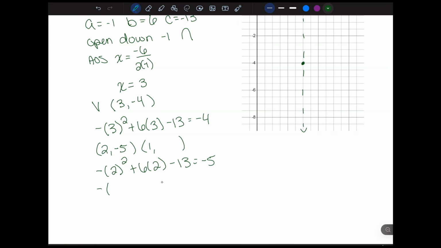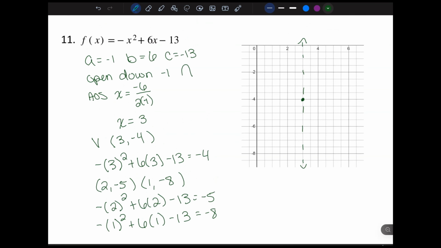And then I'm going to do the same thing with 1. So I have negative 1 squared plus 6 times 1 minus 13, which gives me a y value of -8 when x is 1. So 2, -5, and 1, -8. And then you're going to mirror those.